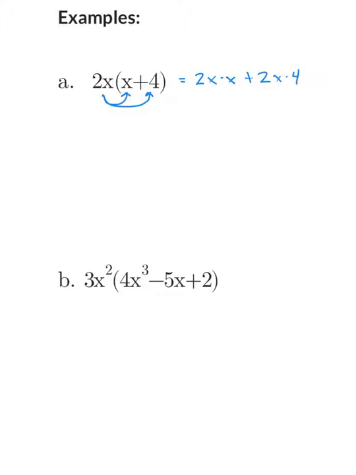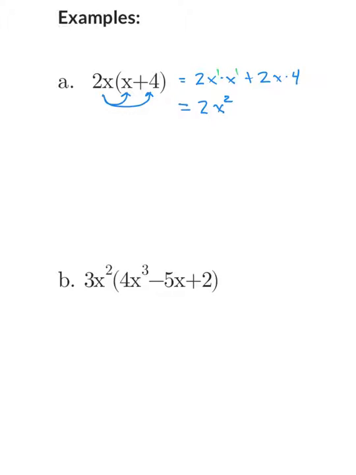We want to simplify each term, so we want to multiply the numbers together and add the exponents. So for the first term, we get 2, and then note that each one of these x's has an exponent of 1, or x times x is x squared.